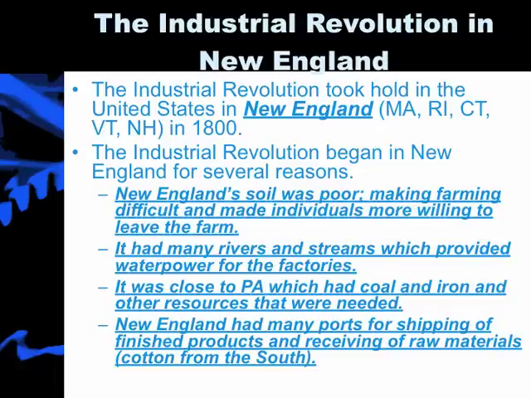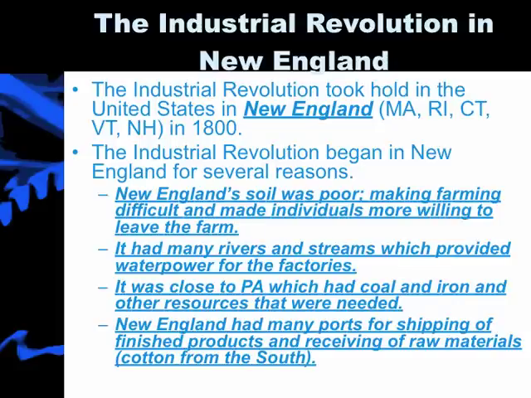Also, they had many rivers and streams which provided water power for the factories. They're going to use that natural power source to power their industries. It was also close to Pennsylvania, which had coal and iron and other resources that are needed in factories.